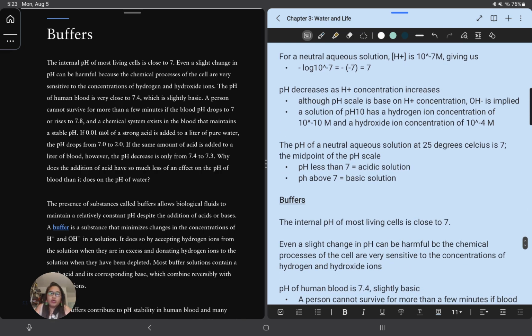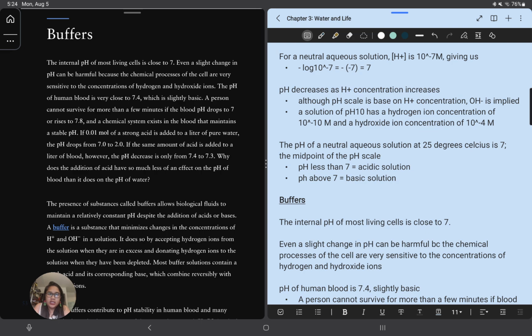For a neutral aqueous solution, hydrogen ion concentration is 10 to the negative 7th molarity, giving us negative log 10 to the negative 7th equals negative 1 times negative 7 equals 7. pH decreases as hydrogen ion concentration increases.